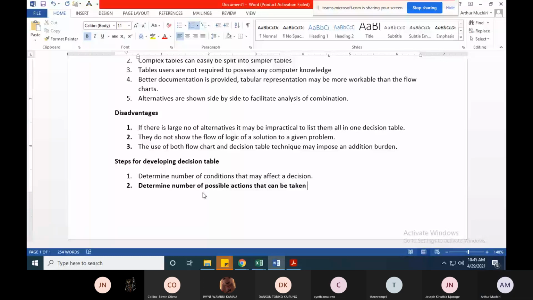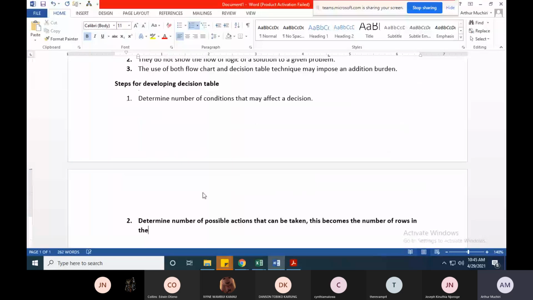This becomes the number of rows in the lower half of the decision table.